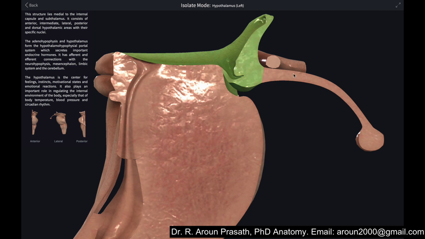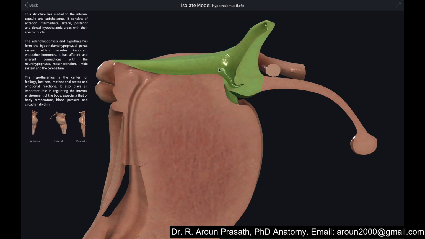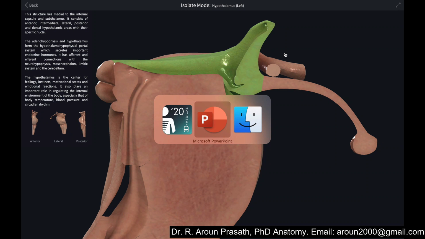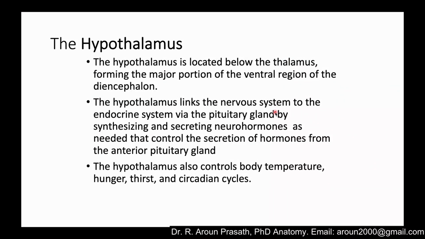Through these small blood vessels, the hypothalamic hormones come to the anterior pituitary gland, and responding to these hormones, the anterior pituitary gland will release certain hormones. We will see what those hormones are. First, know this is how the mechanism works. So the hypothalamus is located below the thalamus.